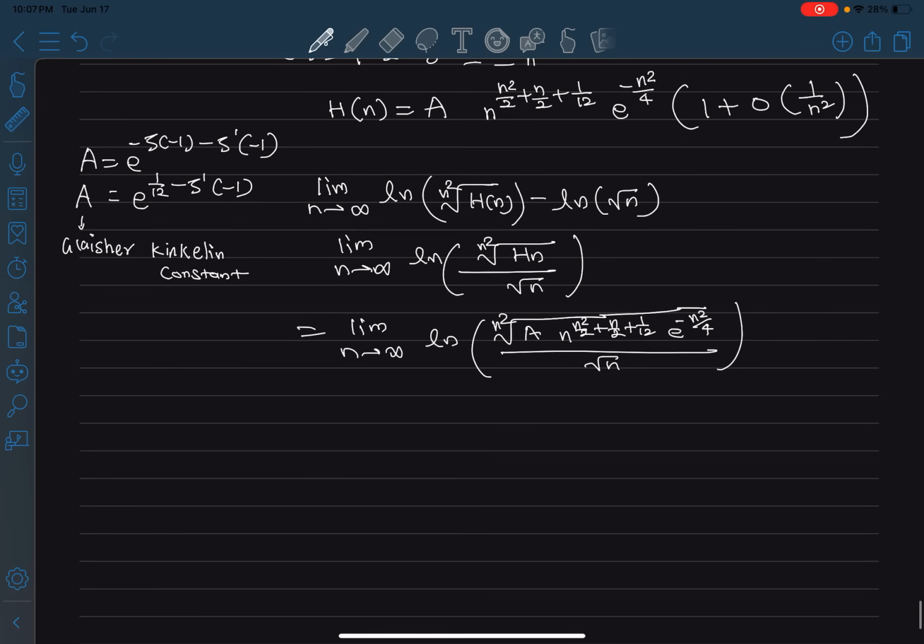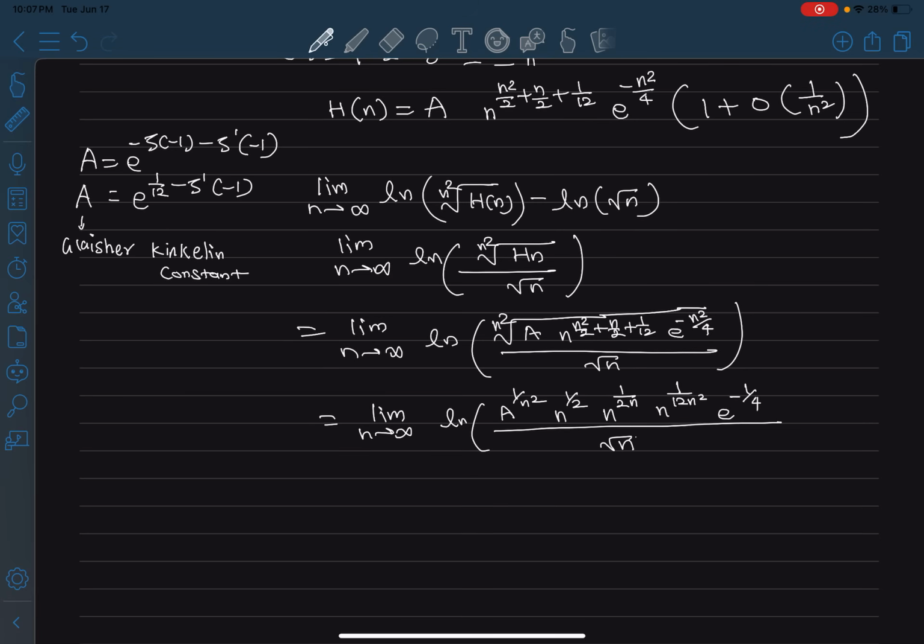Now if I use the n squared in the denominator, this will be A to the power 1 over n squared, n to the power 1 over 2n, n to the power 1 over 12n squared, e to the power minus 1 over 4, divided by the square root of n.